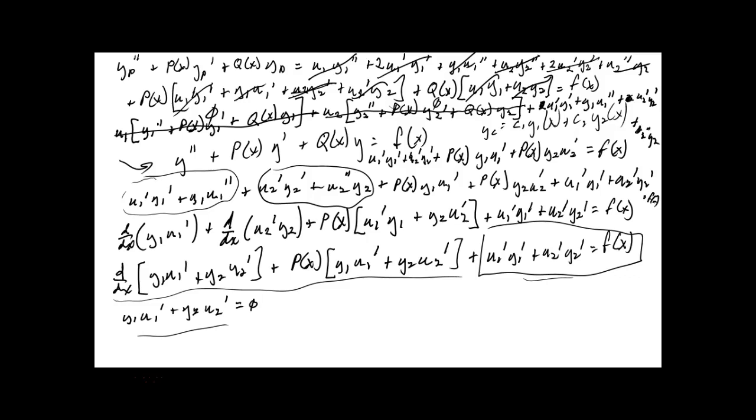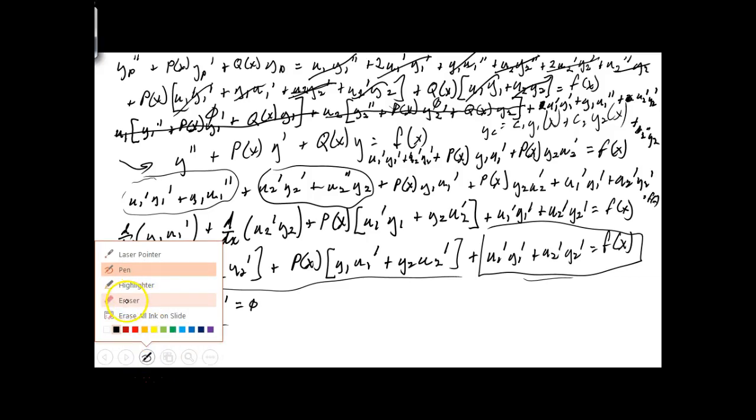But anyway, there are two equations. Now, here's what Cramer's rule says to do. I'm going to erase everything and just rewrite those two equations.